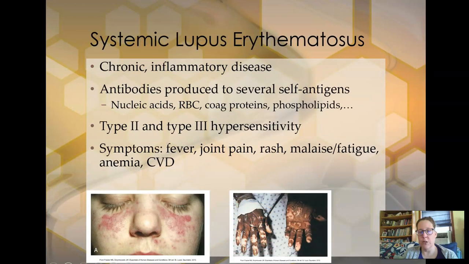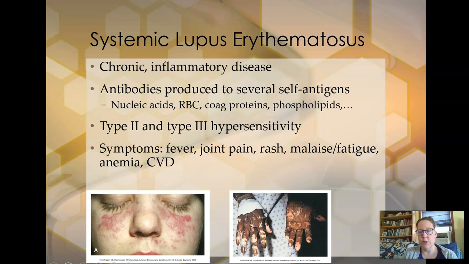So we have systemic lupus erythematosus, or lupus, abbreviated SLE. It is a chronic inflammatory disease. Antibodies are produced against several self-antigens, such as nucleic acids, so that's your DNA and RNA, red cells, coagulation proteins, and phospholipids. It is a combination of a type 2 and a type 3 hypersensitivity.